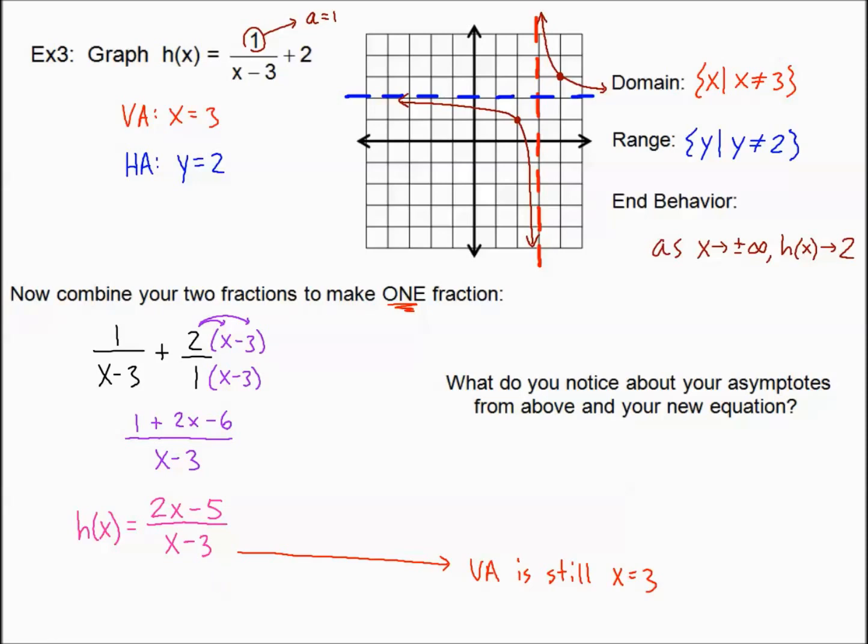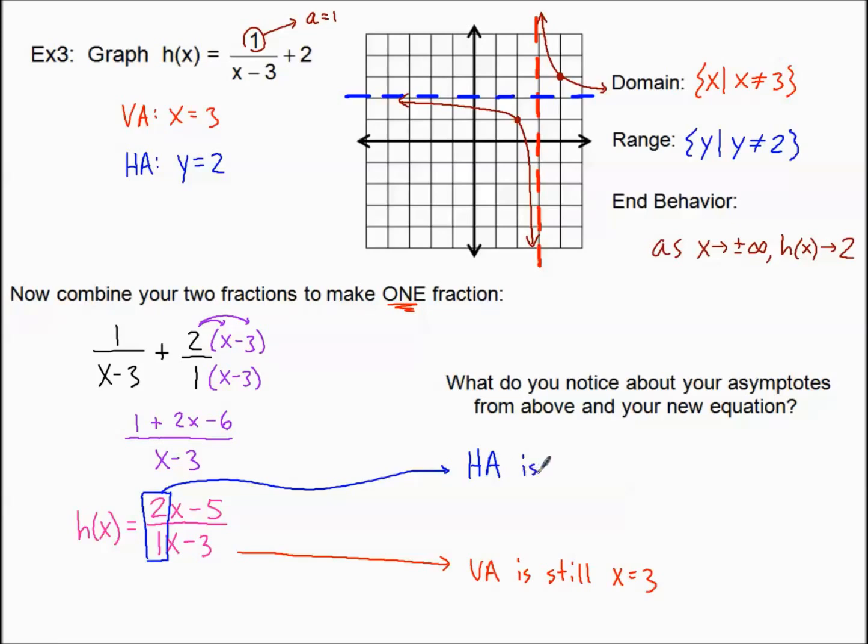Our horizontal asymptote, which we know is y equals 2, do you see where the 2 is in this equation? I see a 2 right here, and that's exactly where it's going to be. I'm going to put this 1x down in the denominator because it really is both of these coefficients working together. But that's how we find our horizontal asymptote.